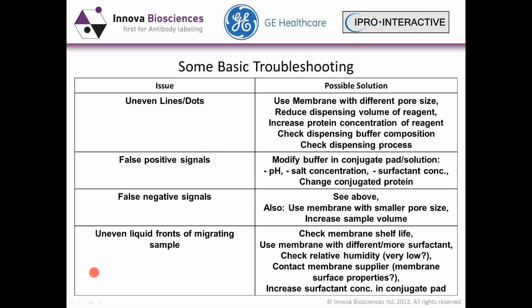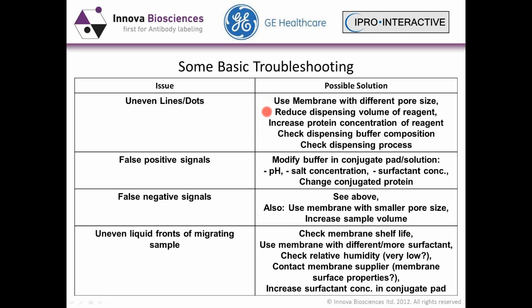I would like to finish this presentation with some very basic troubleshooting. So membrane issues that you see as, at first, uneven lines or dots, depending on what exactly you spot to your membrane. And in most cases, we talk about basically the wrong membrane. You need a faster or a slower membrane to get a more even line.